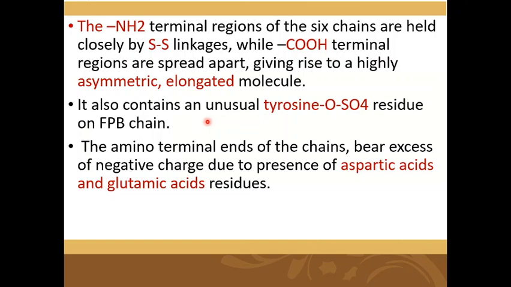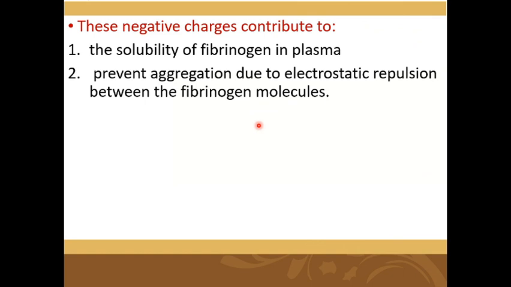Due to the presence of aspartic acid and glutamic acid. So, ये negative charges, what is the role of these negative charges? The solubility of fibrinogen in plasma: they keep it in the soluble form and prevent aggregation. क्योंकि similar charges होते हैं, they repel each other, and therefore the molecule remains in the elongated form.